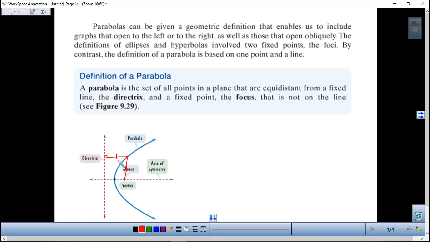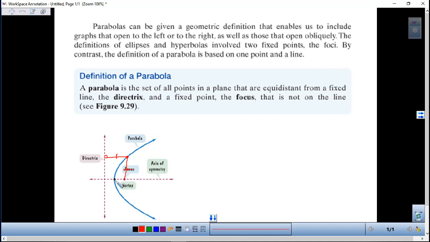They're going to be congruent distances, or equal distances. And that's going to be true for every single point on the parabola. That's the definition of a parabola. So it's all based off of distances from the focus and the directrix.